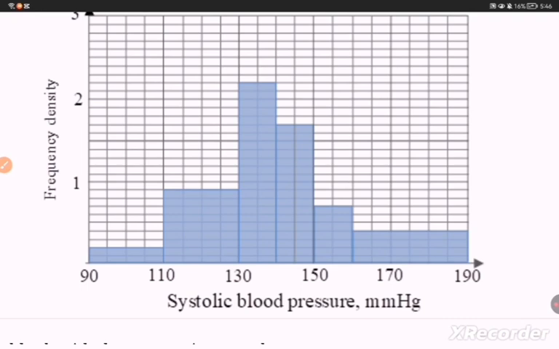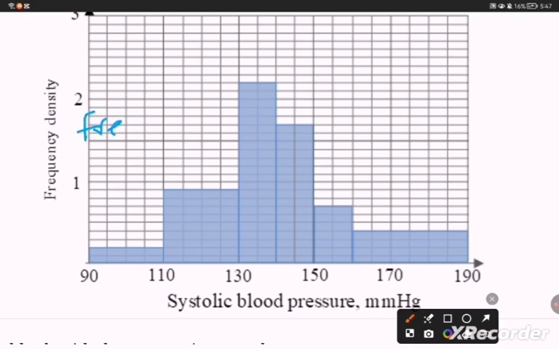Now, whenever you want to find the mean, you use the frequency, right? But they gave you the frequency density. So then, to find the frequency, the formula is frequency density is equal to frequency over class width, or just width, whatever you want to call it. Okay, so to find the frequency, just take your frequency density values, multiply it by the width.